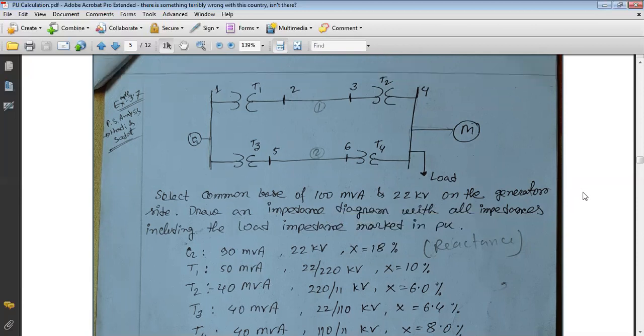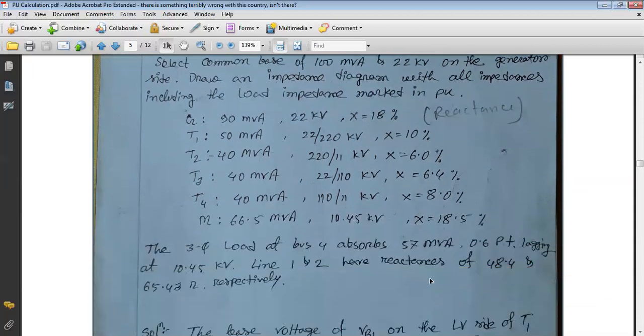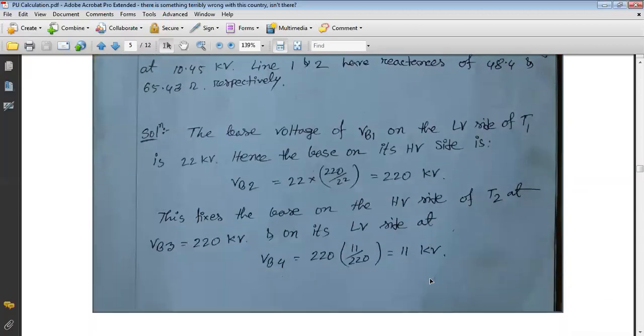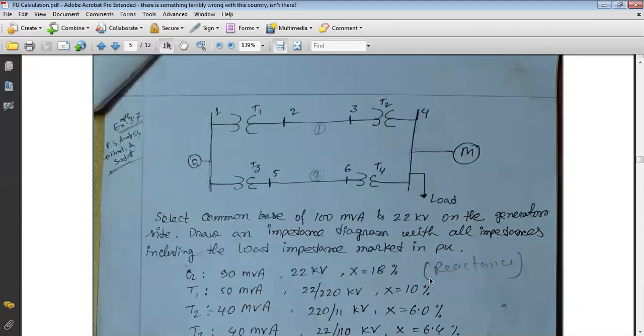In this question, we know that the base voltage from the transformer primary side to the secondary side may change if the transformer ratio is not 1:1. So we have to calculate the base voltage at every point of the connected devices to solve the mathematical problem.